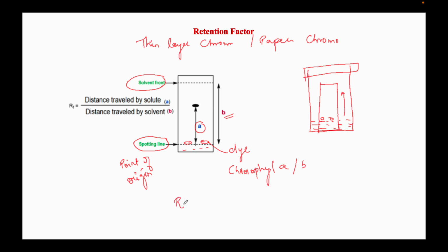So retention factor Rf is distance traveled by solute A, or dye in our case, upon distance traveled by solvent. We already know from the question A is 5 centimeter and B is 20 centimeter.